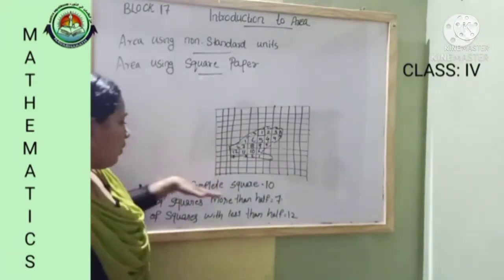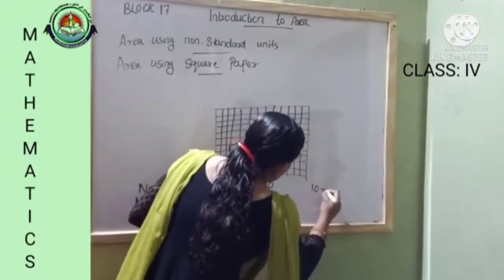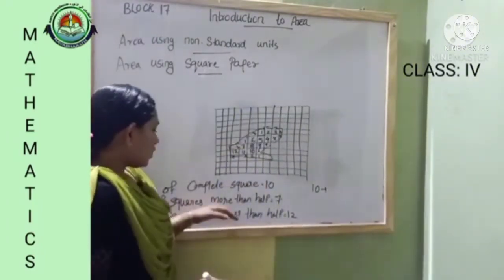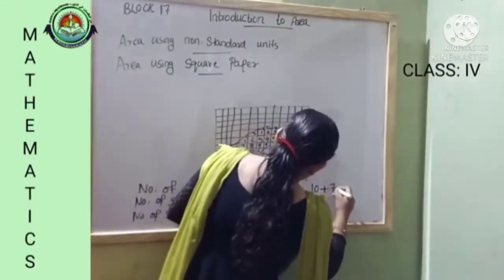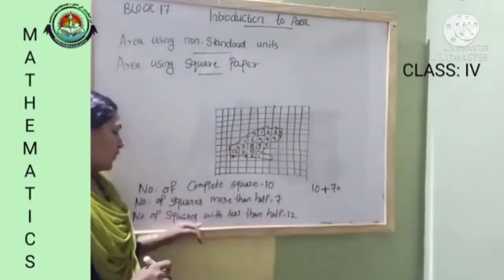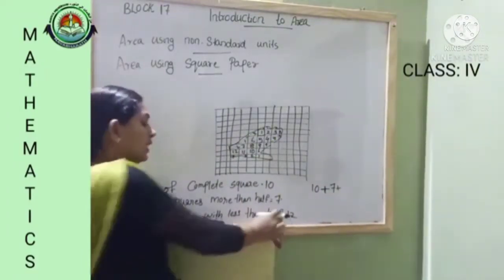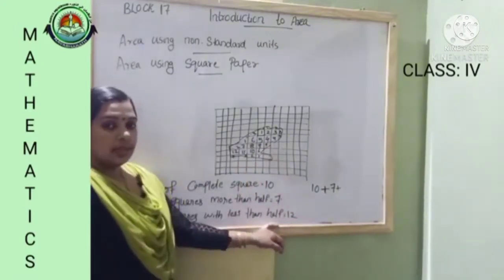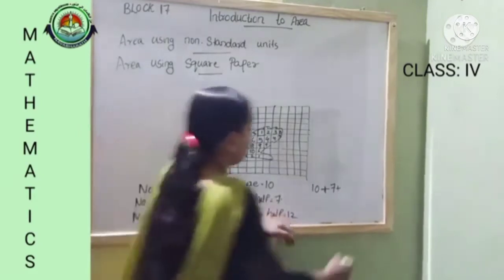Then the number of complete squares we are taking completely. So 10 plus the number of squares more than half, also we are taking completely. Then the number of squares with less than half, we are taking half of the number. Here 12. The half of 12 is 6.